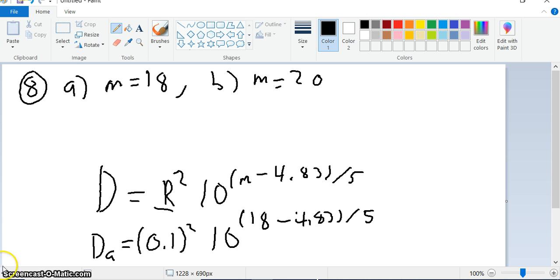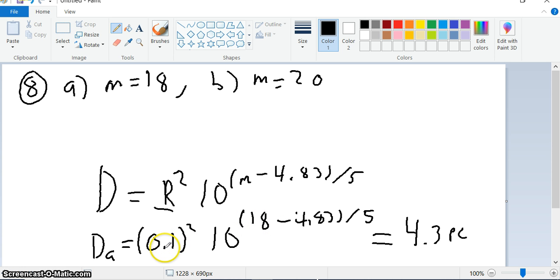I gotta get my calculator. All right, so I got my calculator. So 10 to the 18 minus 4.83 divided by 5, and then that turns out to be, remember the answer, by the way, comes out in parsecs, 430, and some change.